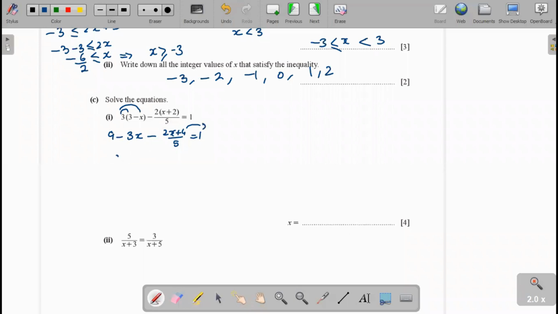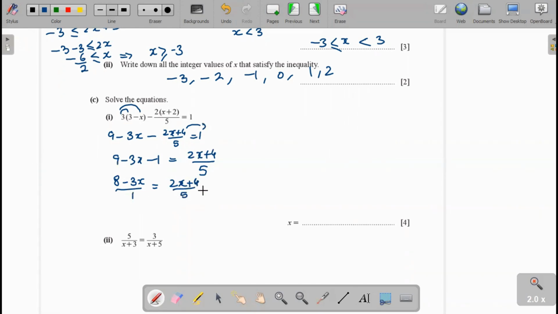That value becomes 9 minus 3x, and the value 1 shifts from right to left side, that's minus 1, and that value becomes (2x plus 4) over 5. Now this value will be equal to minus 9 minus 1, that is 8 minus 3x over 1, and that is equal to (2x plus 4) over 5.